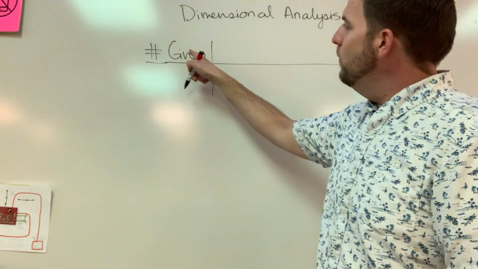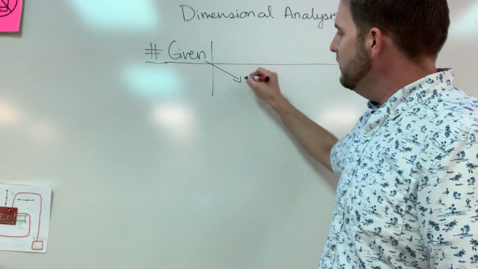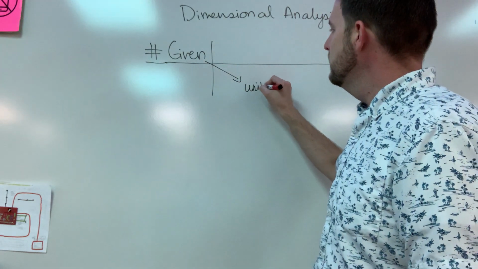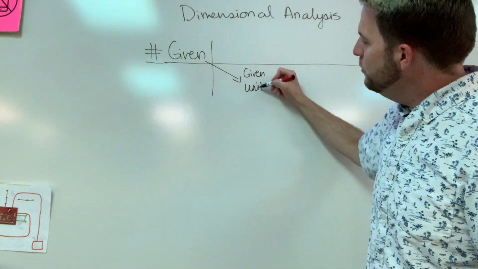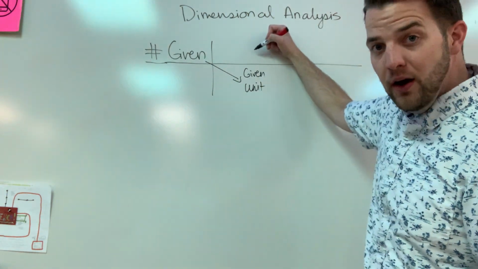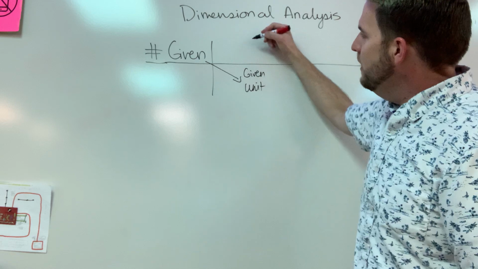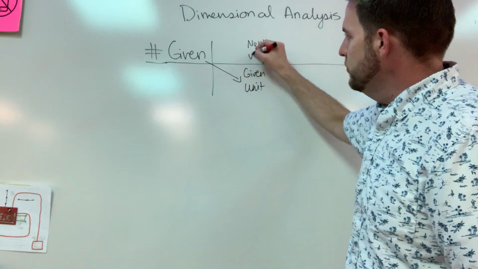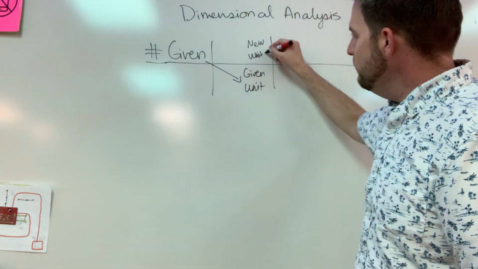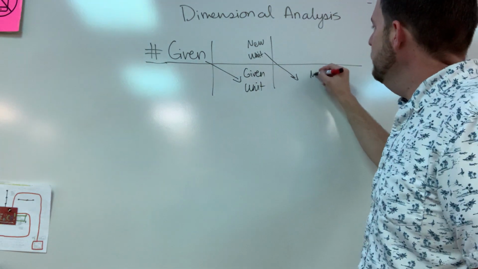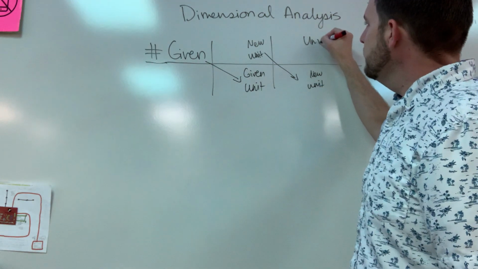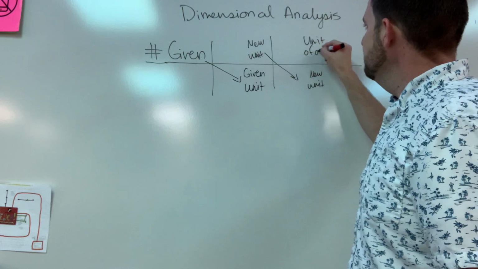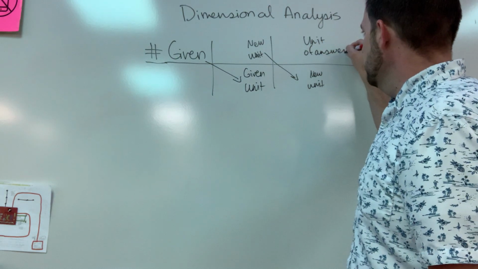We then carry that unit down, and we use that given unit to compare to something else that we might know. Then we could say, okay, new unit, and we would carry down that new unit to the unit of the answer, or whatever, okay?